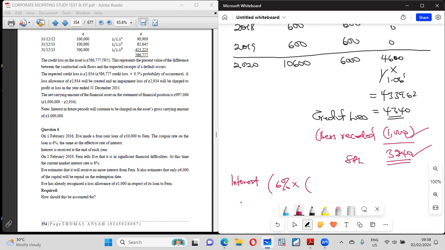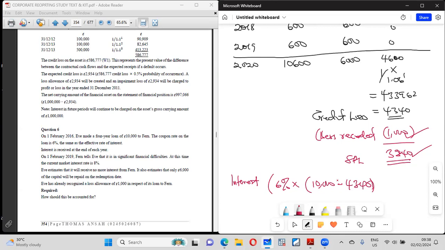What is the net? So the net, your balance brought down was 10,000, right? Minus the credit loss. How much is the credit loss? We have 4,340. All right. So if you take your 10,000 minus 4,340, it's 5,660. So multiply by 0.06.